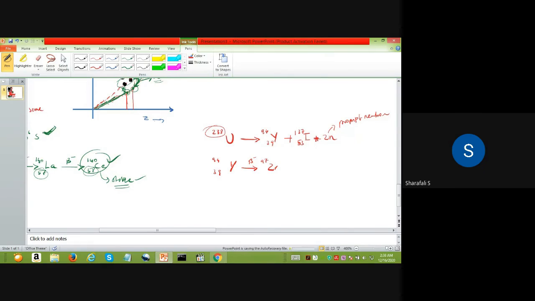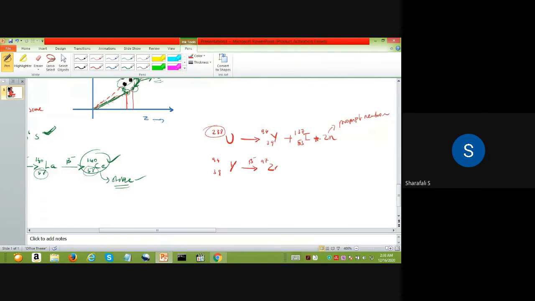Sorry, I have made some mistake. Then you check this 94, 238 should come. So 2 neutrons here, 137 here, 137 plus 2 will come 139. Okay, so this should be 7. You have to get 238, right?